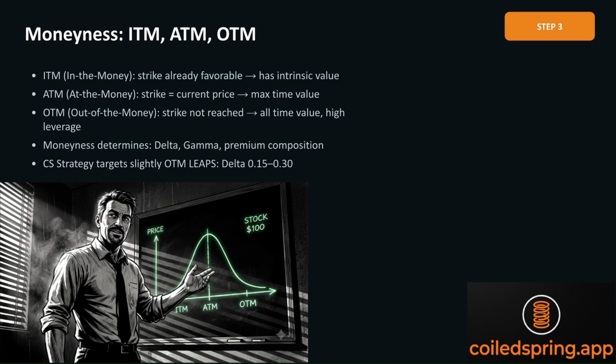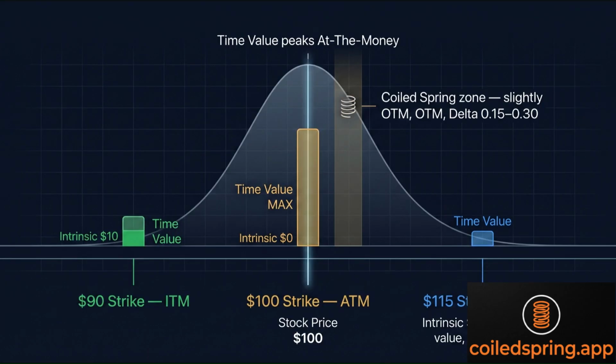Now, let's ground all of this in the example on the right. The stock is at $100. Call with strike $90, ITM. The stock is already $10 above the strike. Intrinsic value, $10. Whatever you pay in premium above $10 is time value on top. Call with strike $100, ATM. Strike equals current price. Intrinsic value 0.